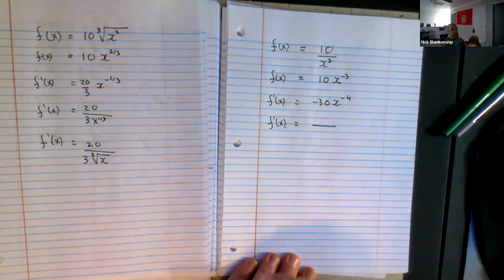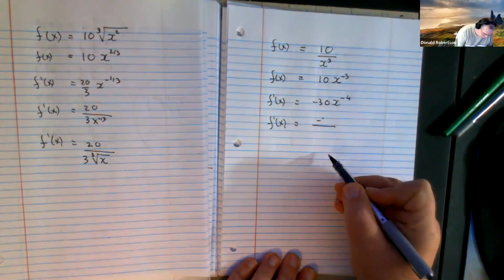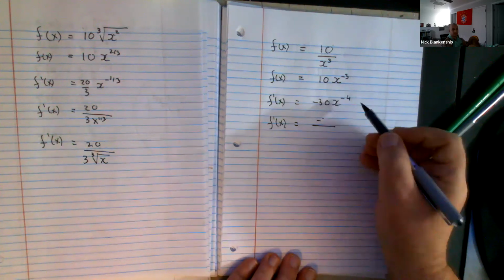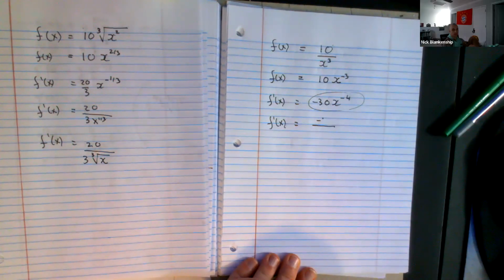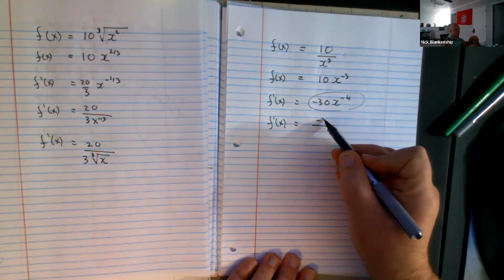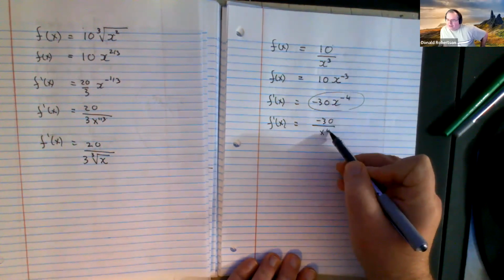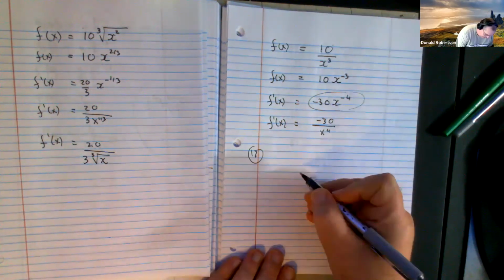Is it -120 to the... No, you don't need to do any more multiplication. Okay, but what would I do with that to make it look prettier? You bump the x to the fourth on the bottom. Yeah, I wasn't clear with my question. Right, that's what I wanted. You agree? Looks nice.